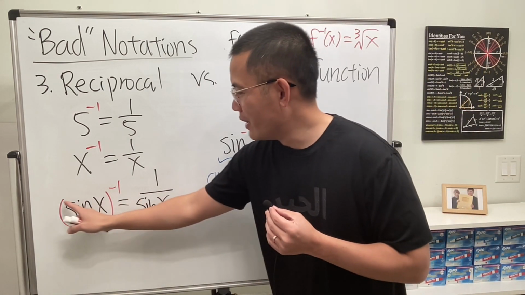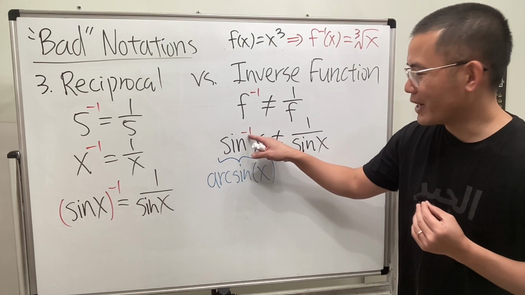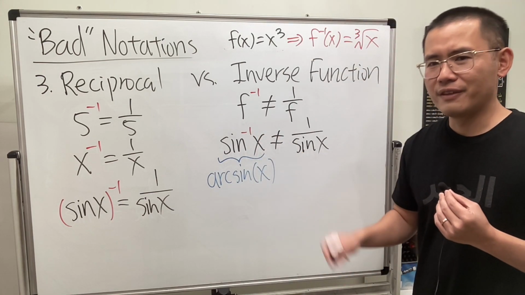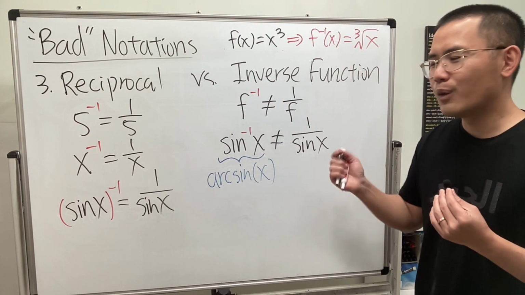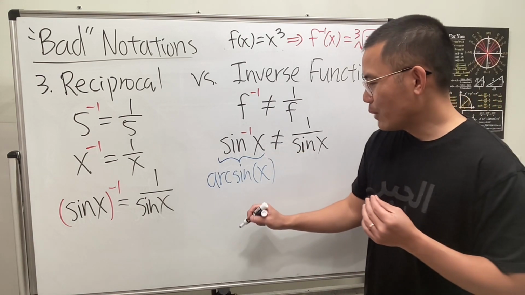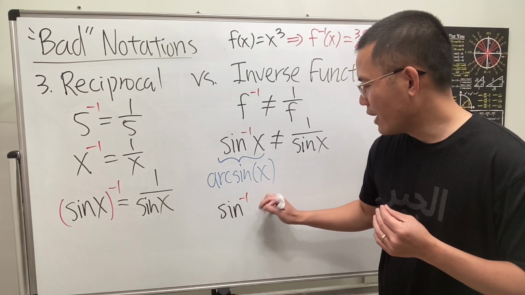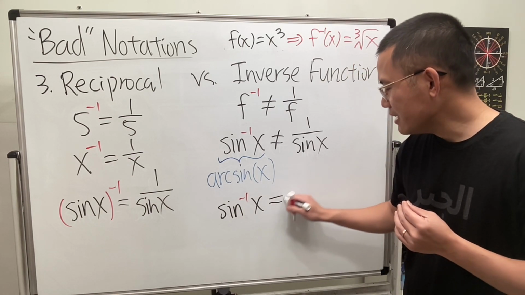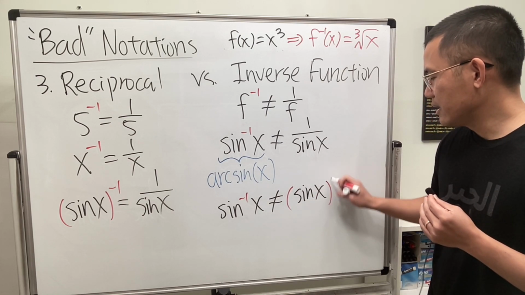Notice that the -1 is after the parentheses on the outside like this, and the -1 is right here. So it's the position of the function. So yeah, you just have to be really, really careful on how we write it. Right here, I will just make a note for you guys that sine with a -1 on x right here is not the same as parentheses sine x and then -1.